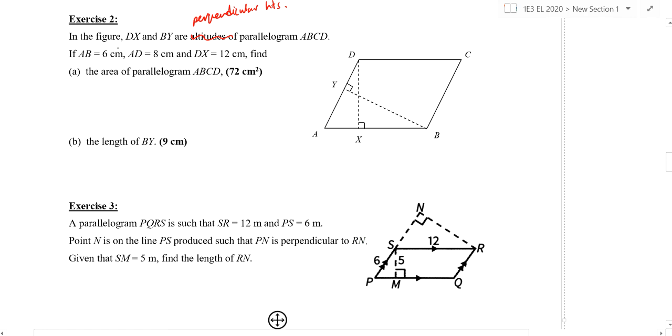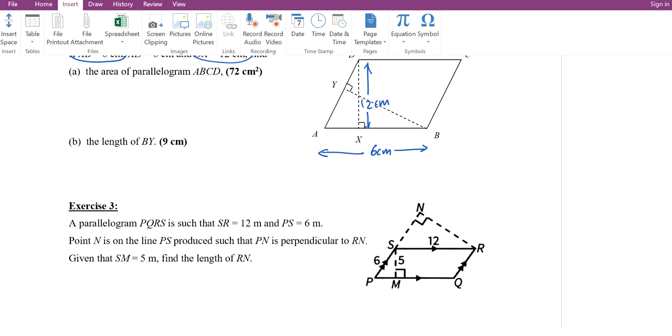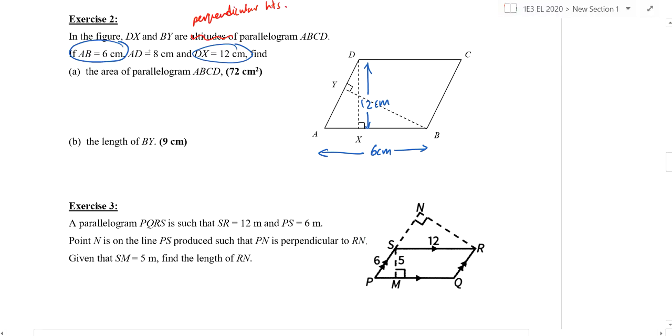So now let's place this information in the diagram. AB is 6 centimeters. So I'm using blue for this particular base, and DX is 12. DX is the perpendicular height. So I'm using blue again, 12 cm. Now AD is 8. So let's change the color. AD is 8 centimeters.